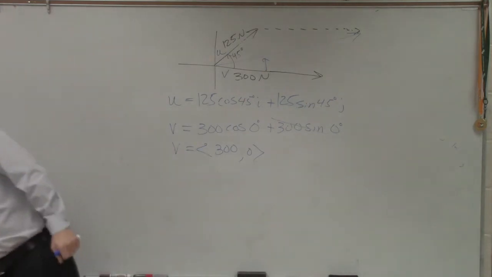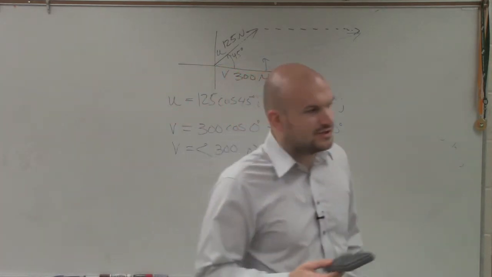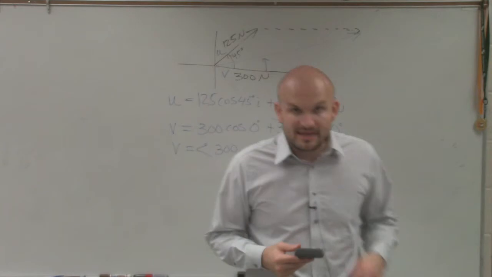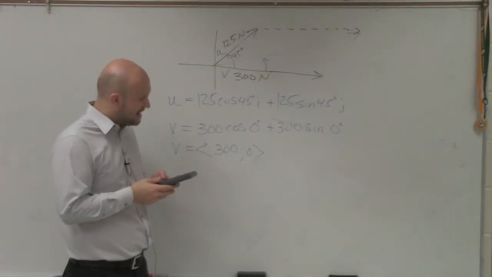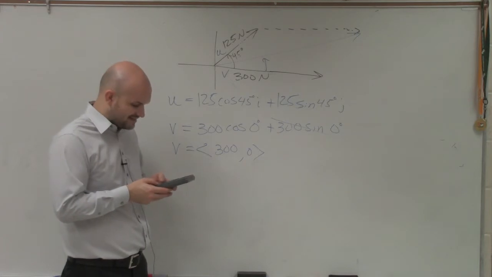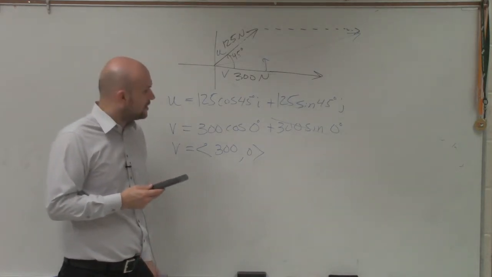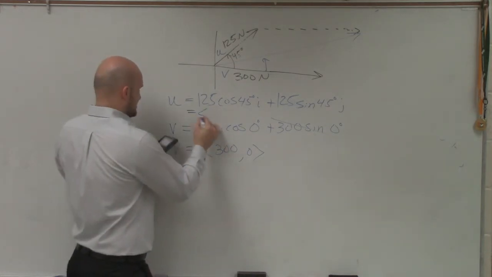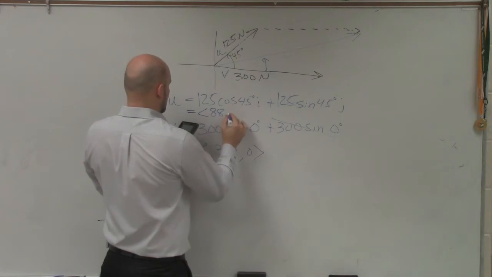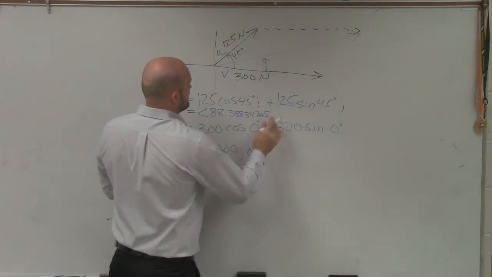However, this one, I'm going to write it broken down using decimals, just so you guys can follow along with me, making sure that you have everything correct. But you can also keep it as an exact answer, and then just simplify it at the end. But for right now, if I do 125 times cosine of 45 degrees, my vector ends up being 88.38834765.